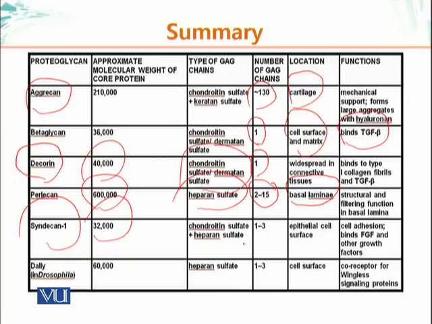Also, we probably won't get to talk too much about this proteoglycan, referred to here as Dally, which is present in Drosophila. It is an important protein because, if you remember, we talked about Wnt signaling. It acts as a co-receptor for the wingless signaling protein. So I hope we remember that.